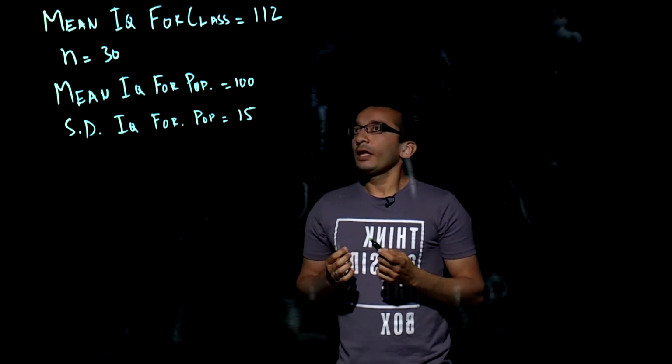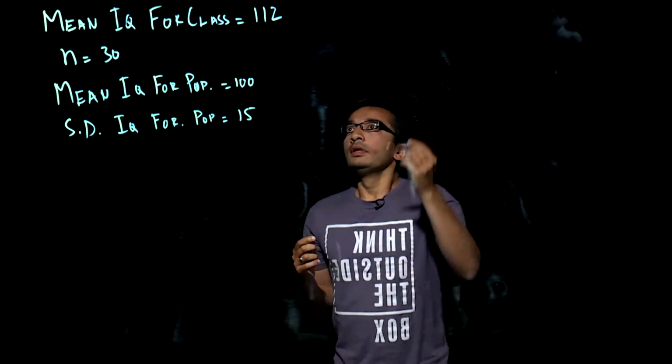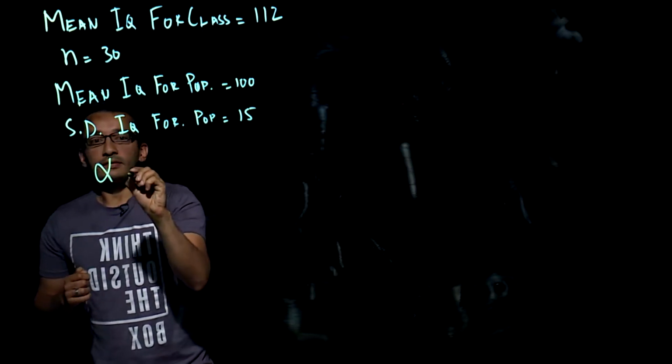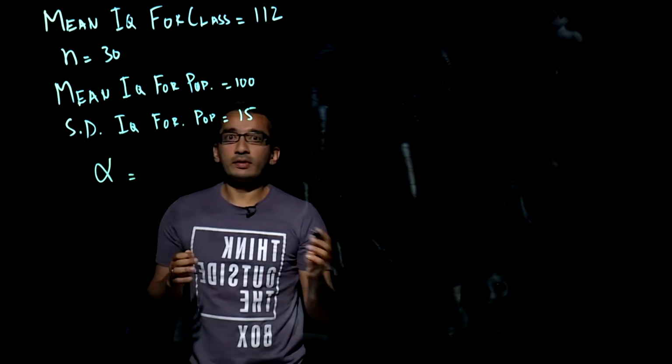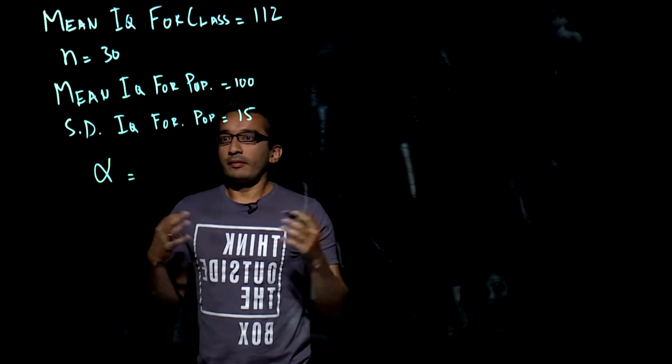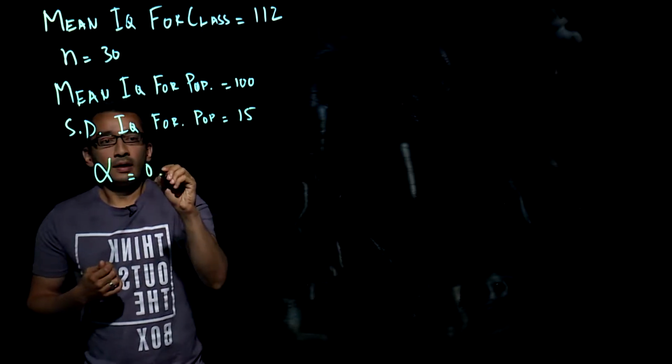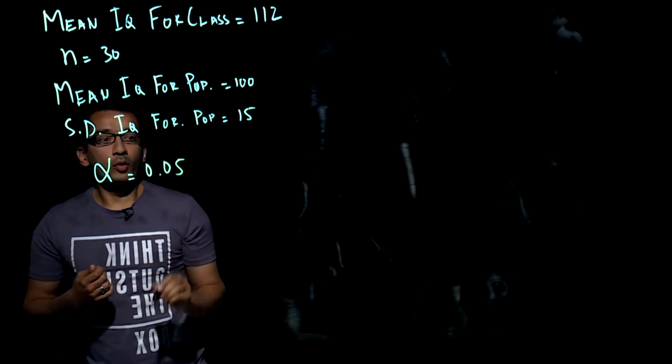The next thing that we have to do is to figure out what will be our level of significance. In this scenario, I'll go with the standard level of significance which is most commonly used, which is 5%, and we can denote this by 0.05.